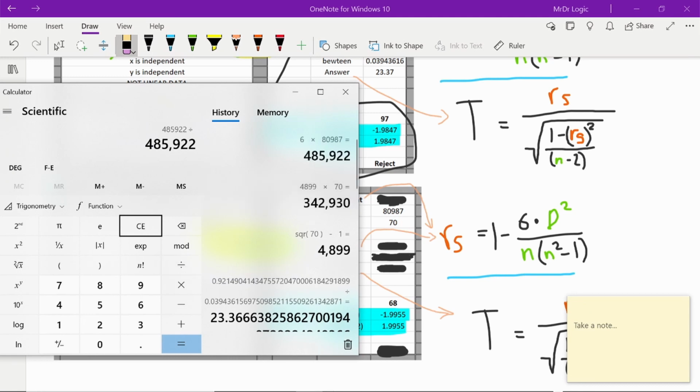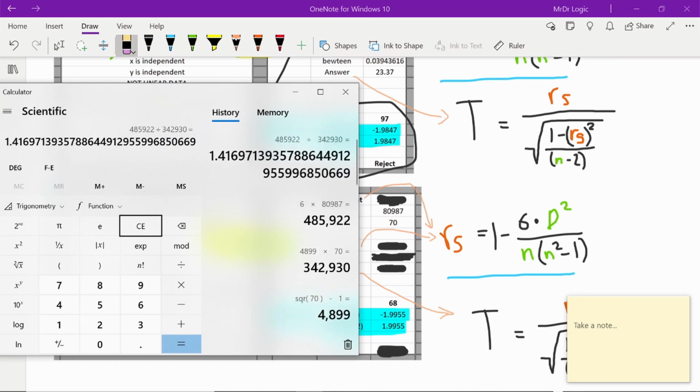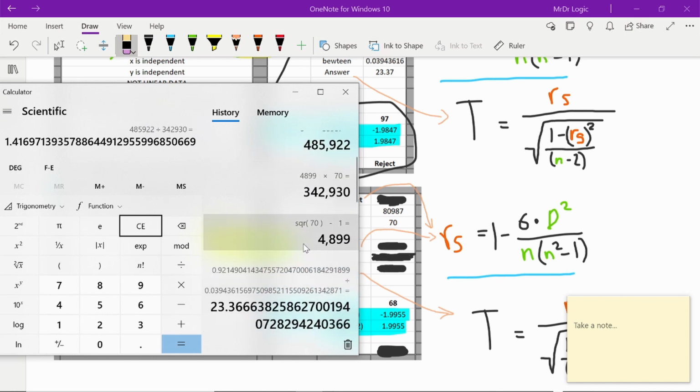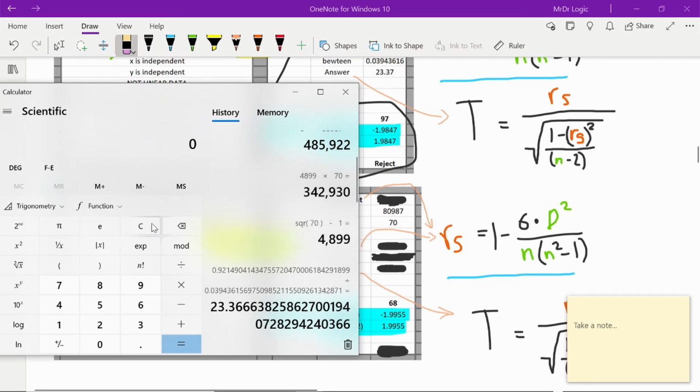That number divided by 342,930. Did I do something wrong here? Hold up. Squared plus 1. Okay. I'm a little suspicious because this... Oh, right, I forgot to square it first. That's why. No, wait, I technically did.